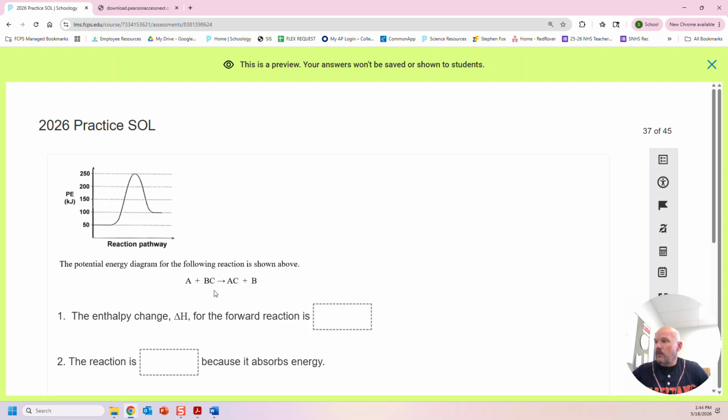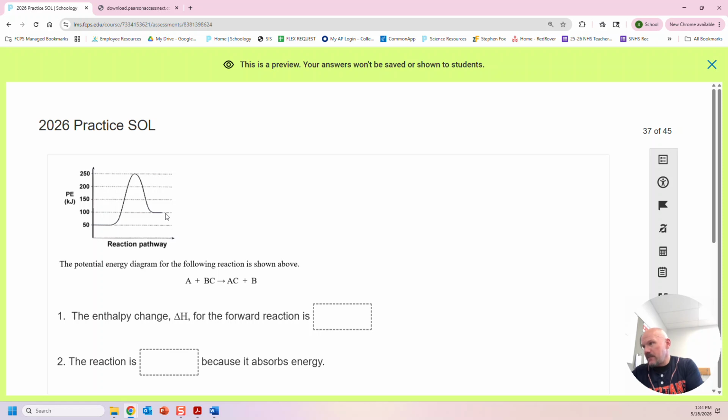If this is a reversible process, then reading it from right to left, AC and B are the reactants on this side, and the products are on this side. So going this way, the reaction increases in energy. It goes from 50 to 100. But going this way, it decreases in energy, from 100 to 50. So the forward reaction is absorbing energy.